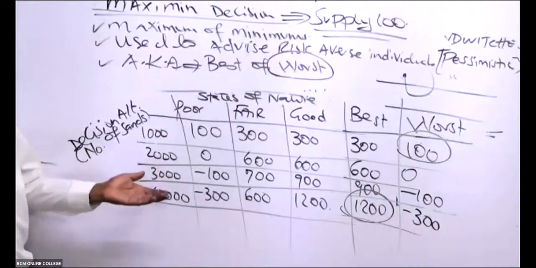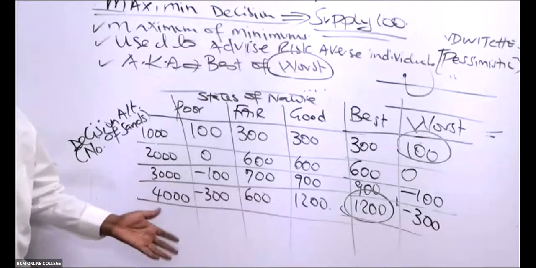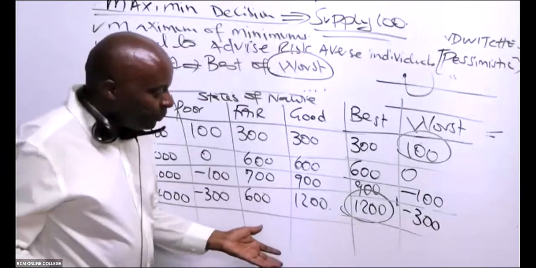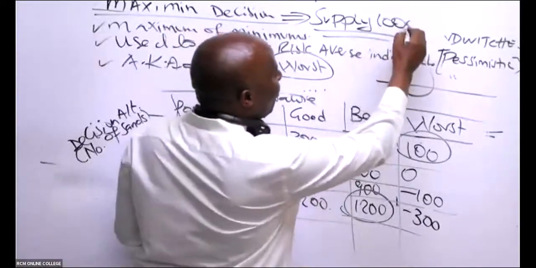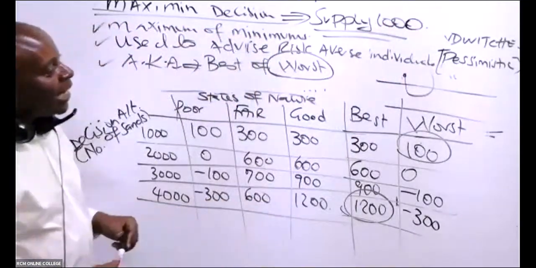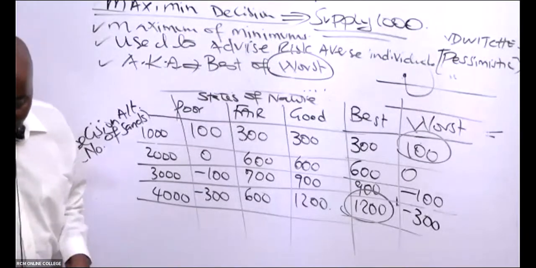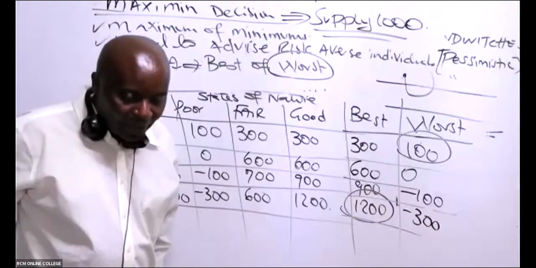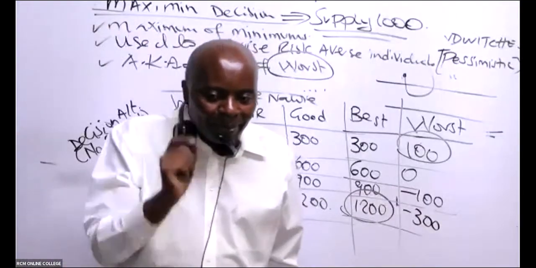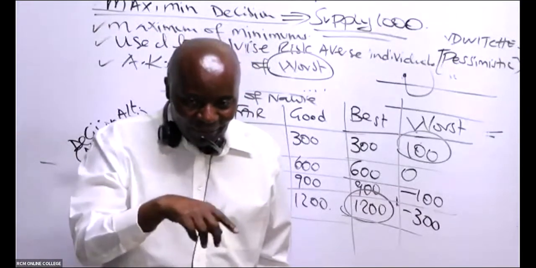Where did I get 100 from? Even me, I think I'm tired from 6 in the morning standing here, same room. So supply what here, somebody? Supply 1,000. So please ensure, ladies and gentlemen, that you are able to repeat the questions that we do here in class. Always.